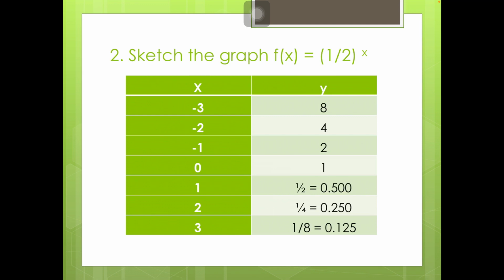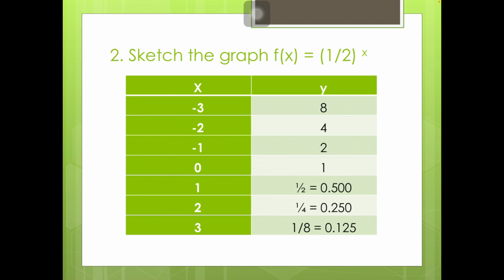So 1/2 raised to negative 3, we will have positive 8. 1/2 raised to negative 2 will have positive 4. Then 1/2 substituting negative 1 becomes positive 2. 1/2 raised to 0, any number raised to 0 is 1. 1/2 raised to 1 is still 1/2. The equivalent of that is 0.500.